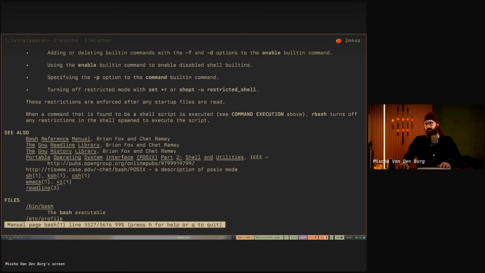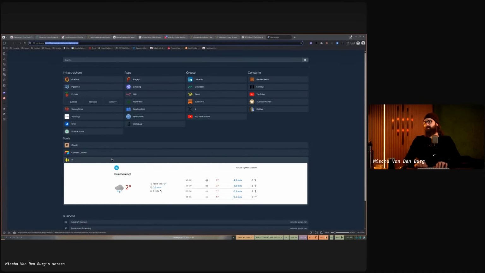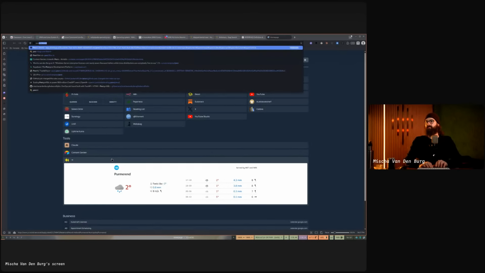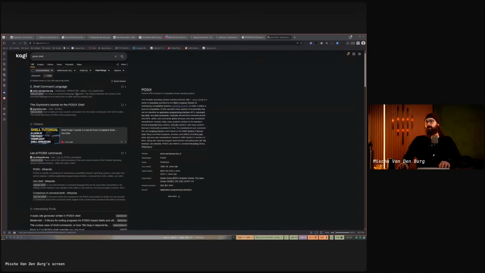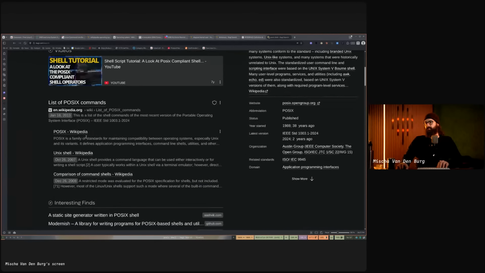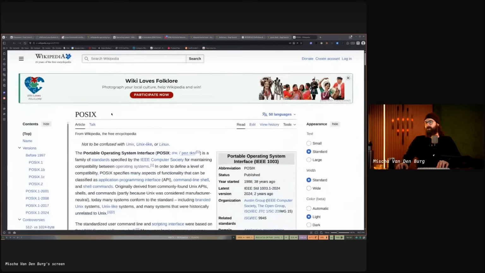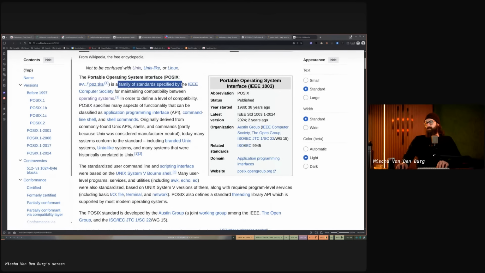Yeah, okay. So let's do a little bit of research to answer this question. Why are there so many shells? Okay. So in order to understand that, we have to go to the POSIX shell, and we saw that referenced here, portable operating system interface. Let's see, POSIX. POSIX, a family of standards specified by the IEEE Computer Society for maintaining compatibility between operating systems.